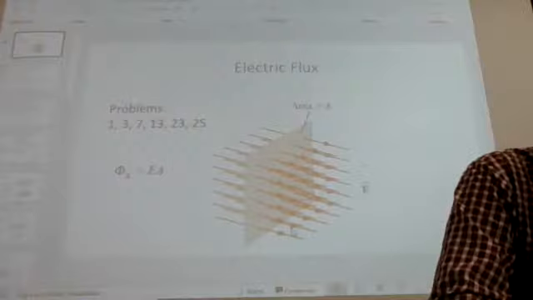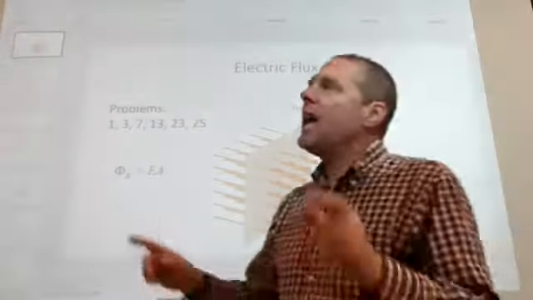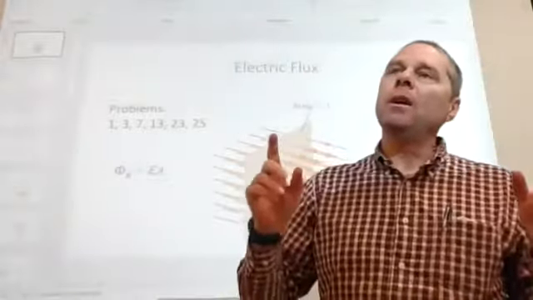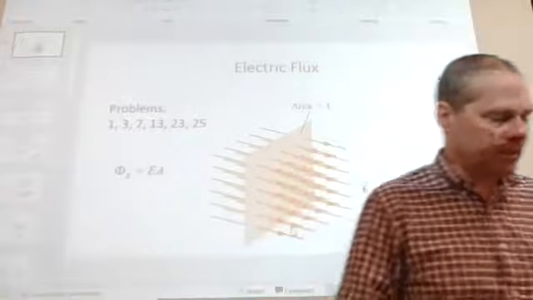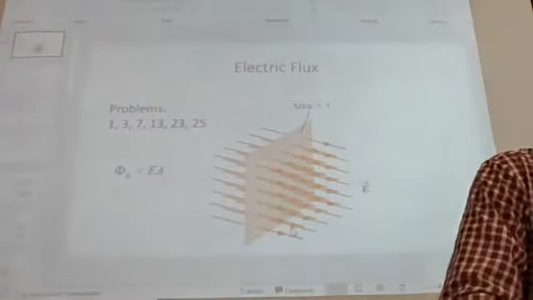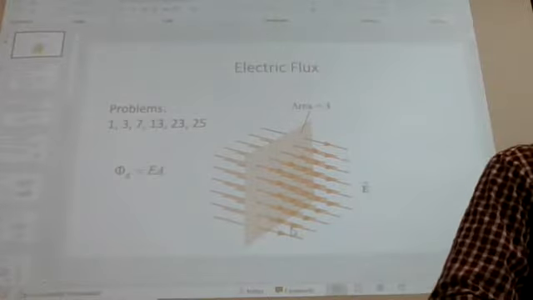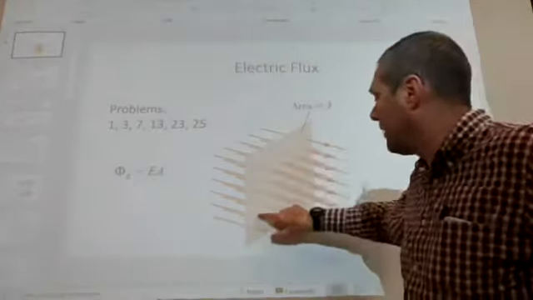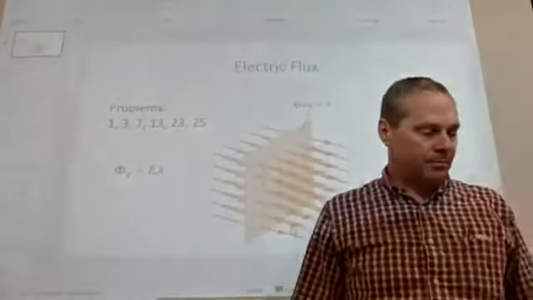Another way of saying that is that we can look at it as the line density. In other words, the total number of lines penetrating the surface is proportional to the electric field and the area.